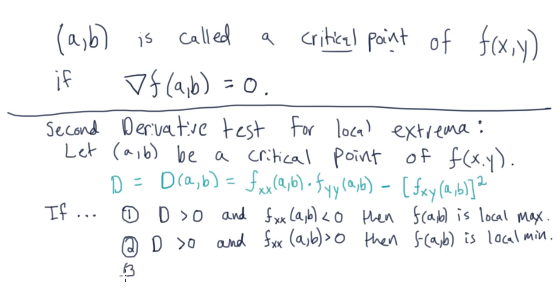Now what about if D is less than 0? What does that mean? Then f(a, b) is a saddle point.